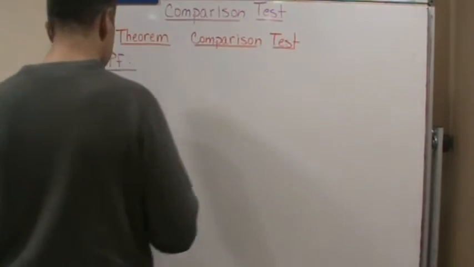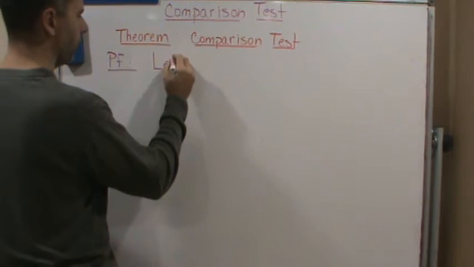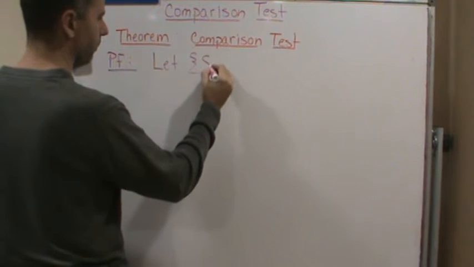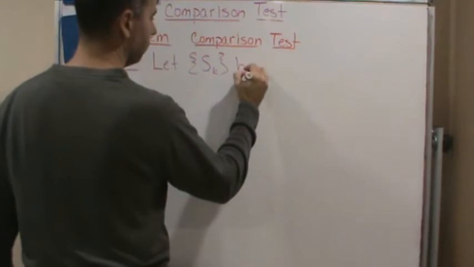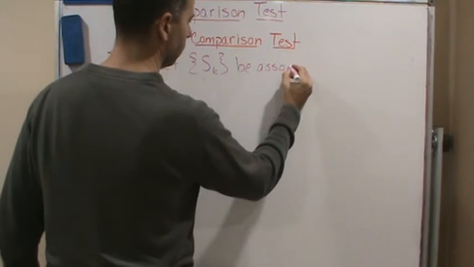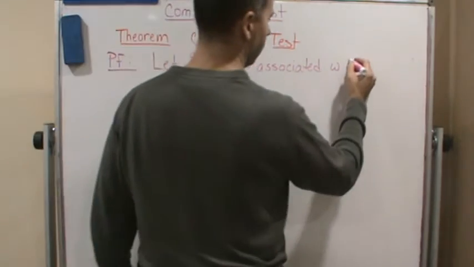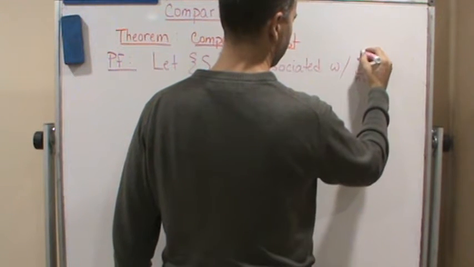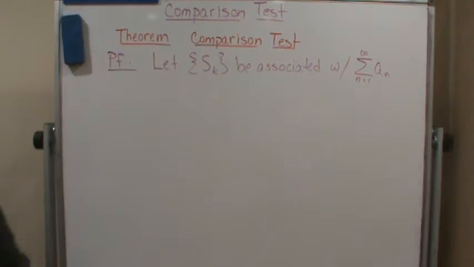Okay, so let's start. Let the sequence of partial sums, S sub k, be associated with the series of a sub n. So we're defining our series.